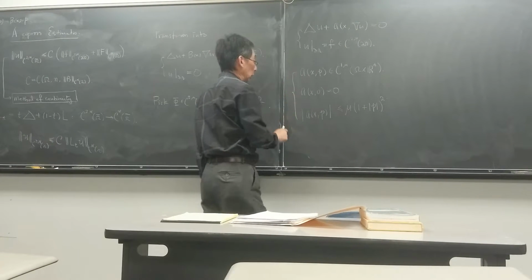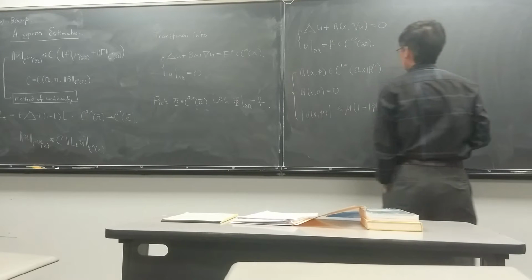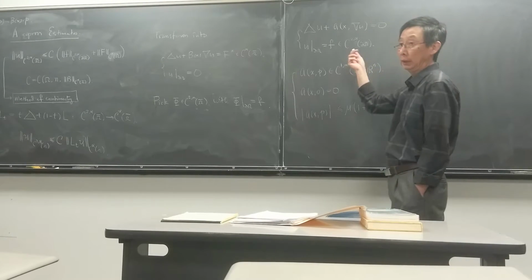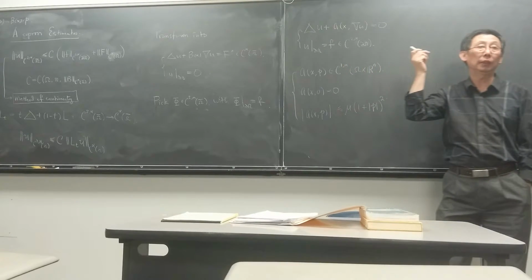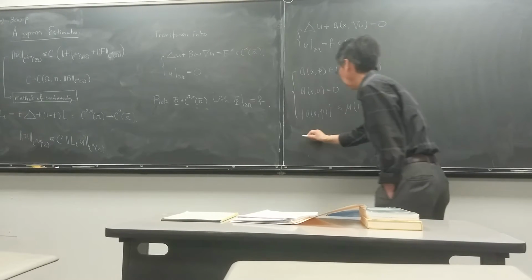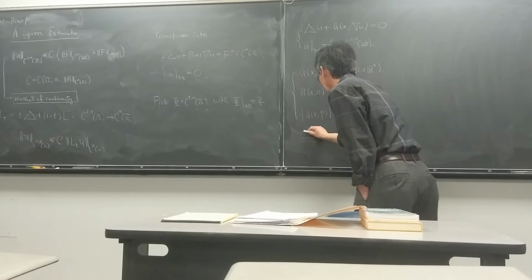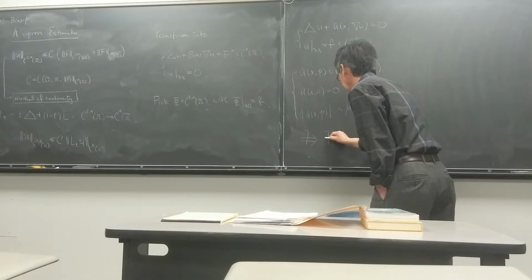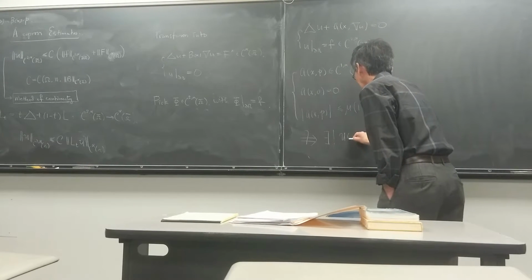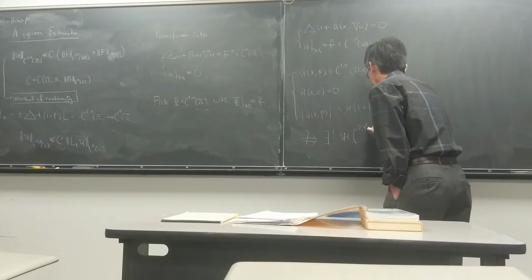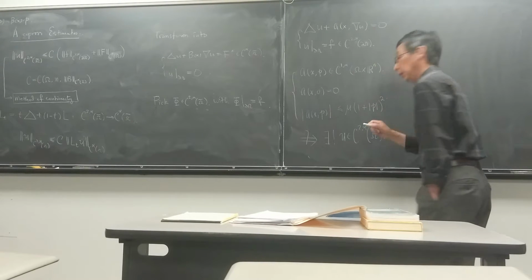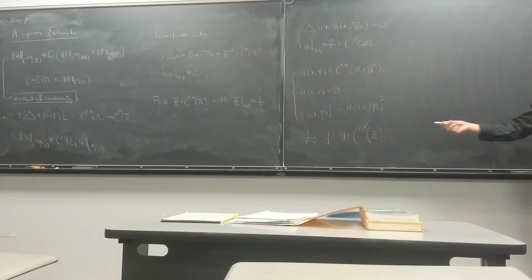Then under these structure conditions, we expect that this problem has a unique solution. So the question is whether this implies that there exists a unique u belonging to C^{2,alpha}. This is true, and we're going to prove it.